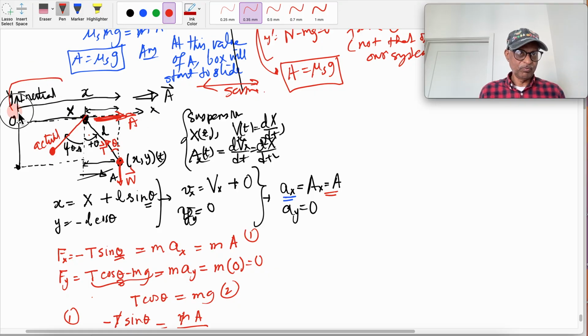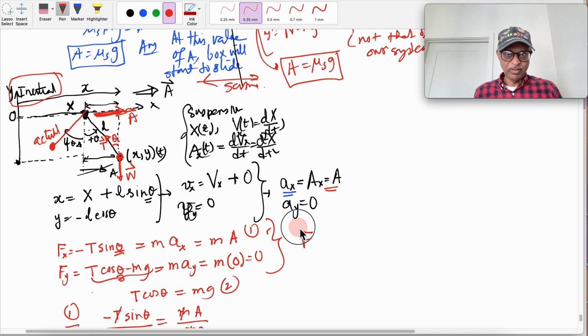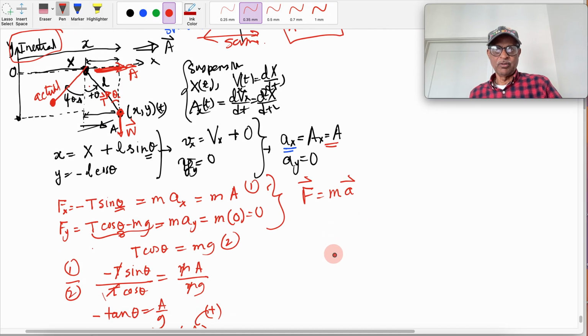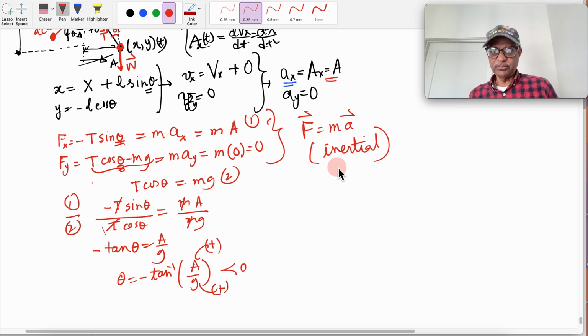Okay, so that's the answer using the inertial frame. How about we do it in a non-inertial frame? In the inertial frame, you had F equals ma, so this is the second law in the inertial frame.